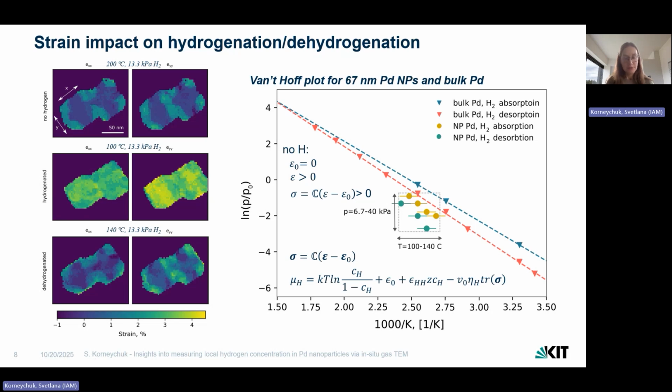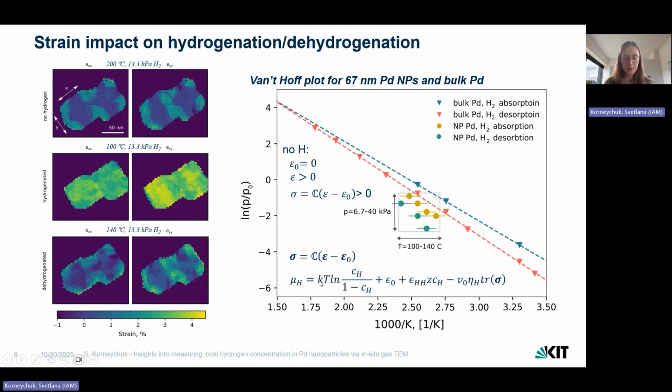But before particles start to hydrogenate, at the very beginning, epsilon 0 is equal to 0, and epsilon is above 0 because it is tensile strain. So at the corners of the nanoparticles, the lattice is dilated. This leads to the fact that the sigma tensor is above 0 at the start of the hydrogenation.